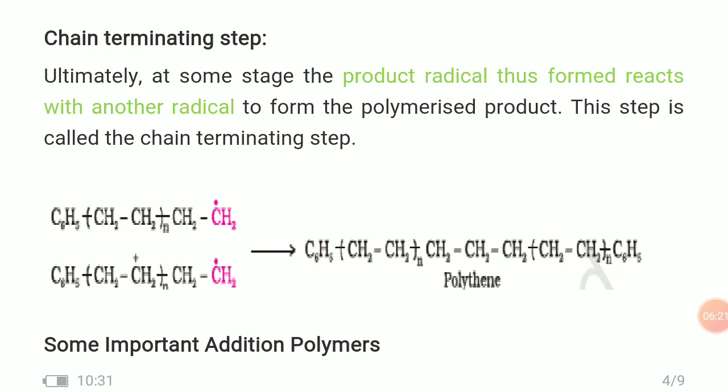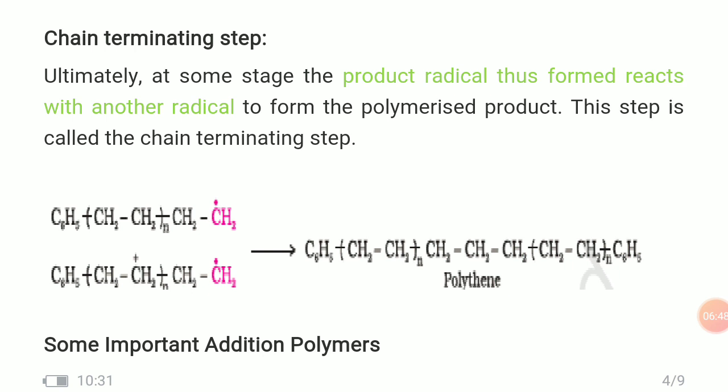Then the last step is the chain terminating step. Ultimately, at this step, the product radical formed reacts with another radical to form a polymerized product. Here, the product radical is formed by the chain propagating step.